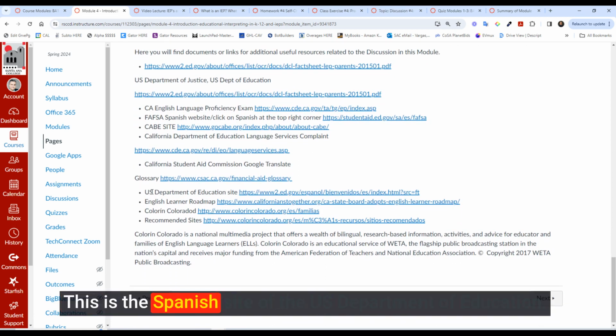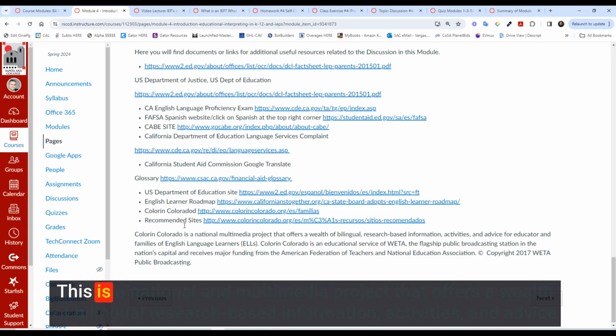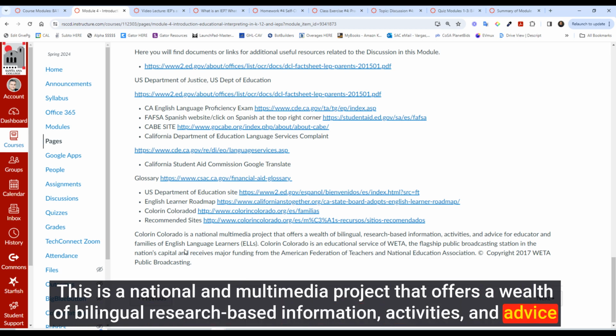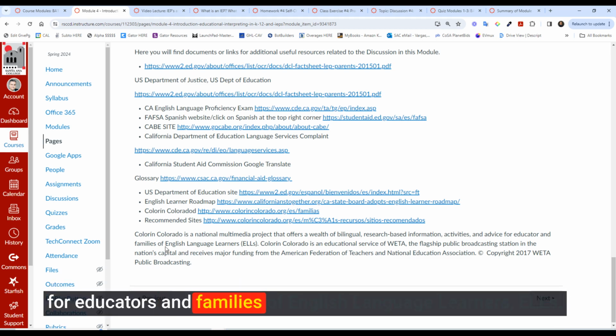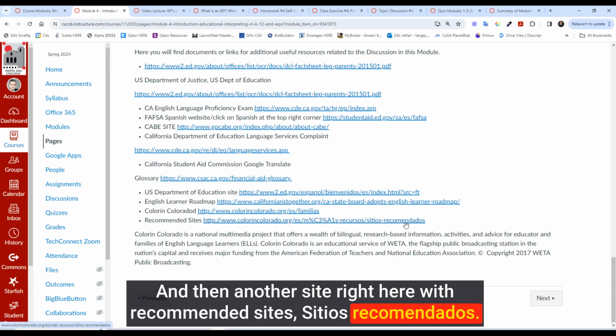This is the Spanish side of the U.S. Department of Education, the English Learner Roadmap, Colorín Colorado. This is a national multimedia project that offers a wealth of bilingual, research-based information, activities, and advice for educators and families of English language learners, ELLs. And then another site right here with recommended sites, sitios recomendados.